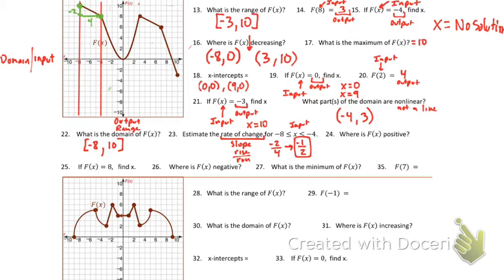Where is f of x positive? Okay, so this is very similar to the problem we did in our last Zoom meeting. We want to take a peek here, looking at our horizontal line. And we know that, remember, this is our output line, or our f of x line.